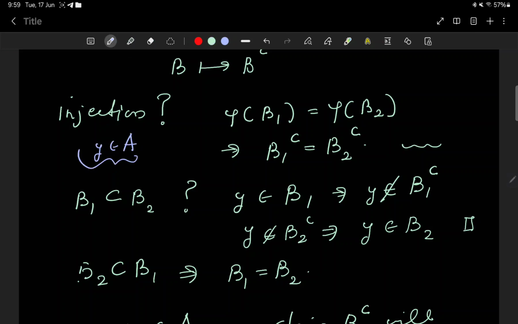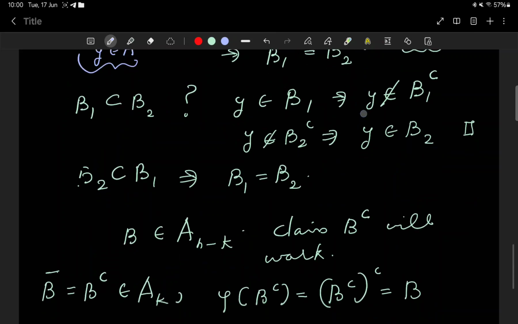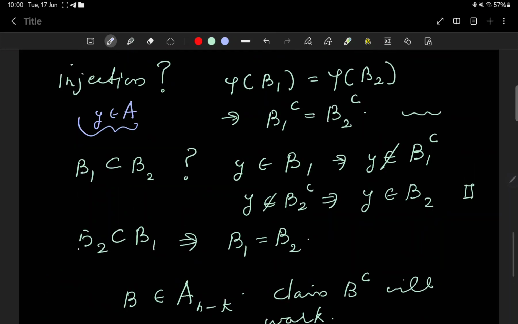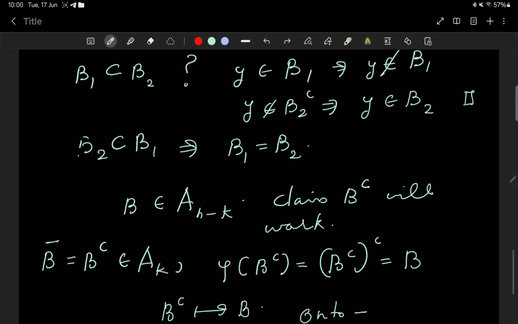We are talking about subsets, we are not talking about anything outside. So in a similar way, you can prove B2 is a subset of B1. That means B1 equals B2. How do you get y belongs to A? Because we already have y belongs to B1. That proves y is in A. So no worries.